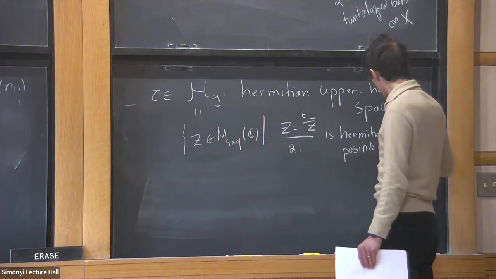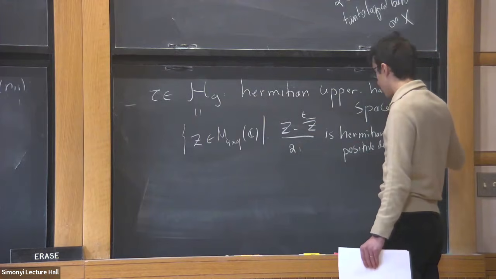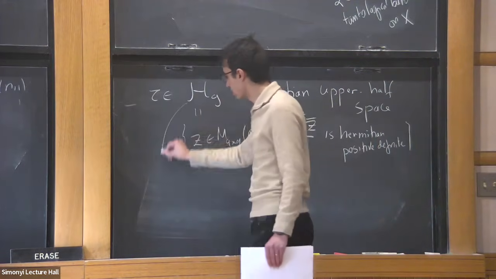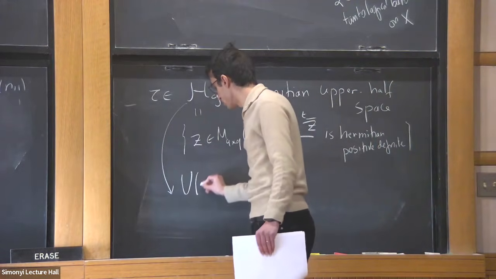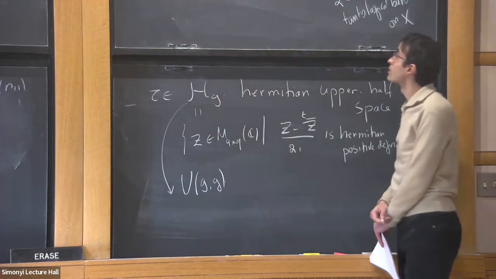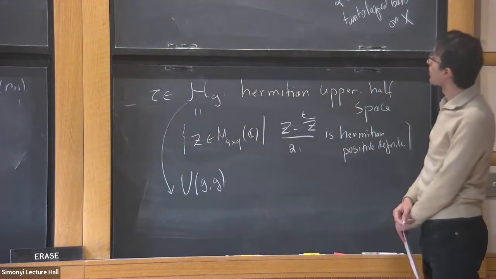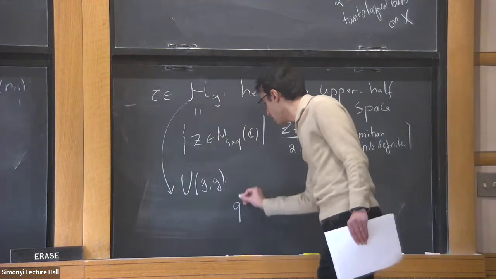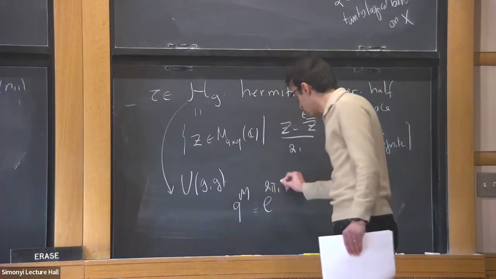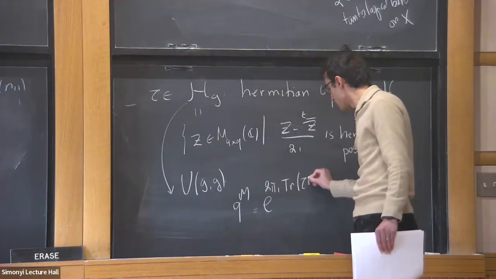So this is some analog of the Siegel space, which maybe you're more familiar with, but this is a Hermitian symmetric space for the split unitary group U(g,g). Now this q to the power M is simply exponential of 2 pi i trace of tau times M.